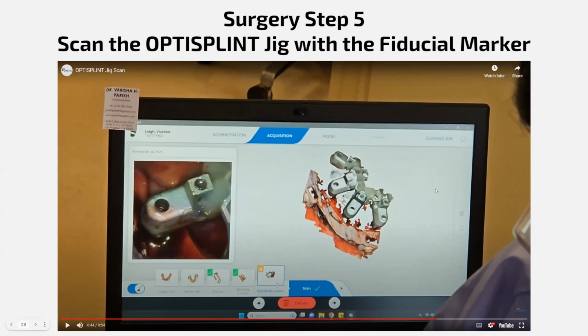This is 100% just for aligning the OptiSplint that's going to be scanned outside the mouth with the fiducial marker that's inside the mouth. So you don't need to capture the entire OptiSplint, and you don't need to capture the entire bone. You just need enough of it to do the alignment. That's really all we try to capture here.